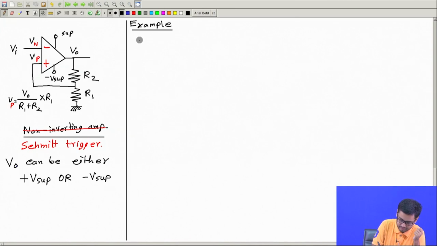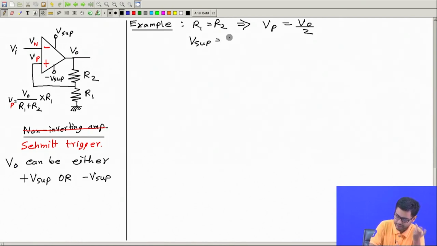Say R1 is equal to R2, right? Therefore, this Vp will be half of Vo. Right? And say this V supply is equal to plus 15 volt, and minus V supply is equal to minus 15 volt, right? These two are plus minus 15 volt.